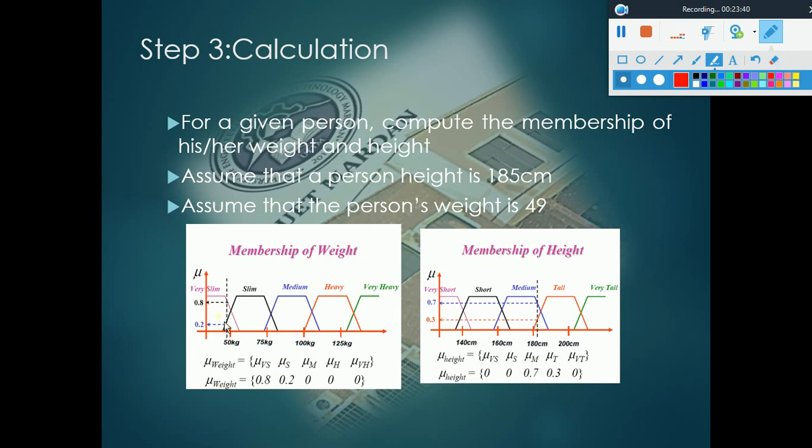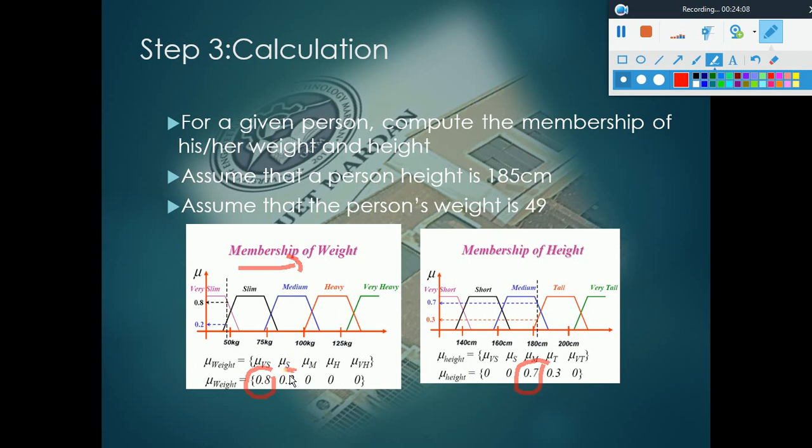Let me show you here. If we have these values, 0.8 very slim and 0.7 the height is medium, then the person will be healthy.